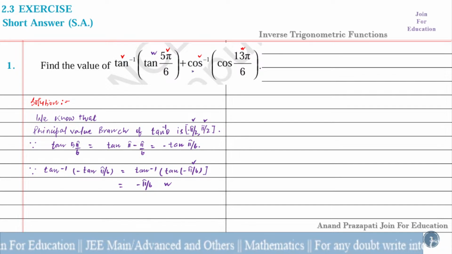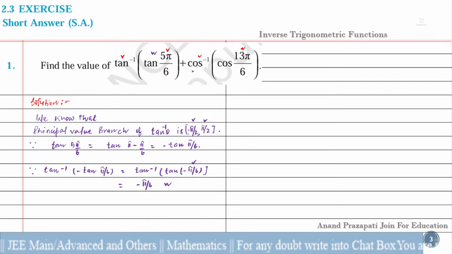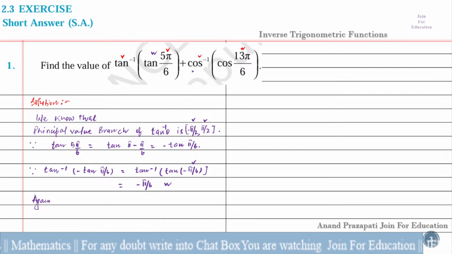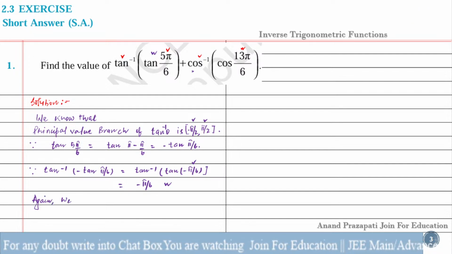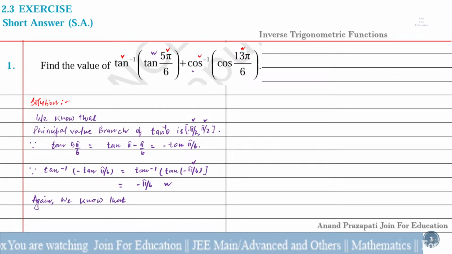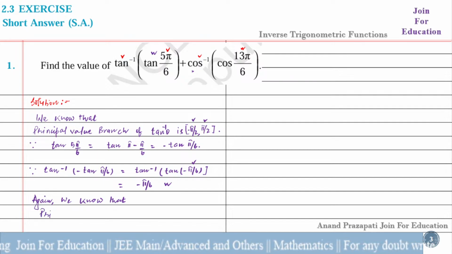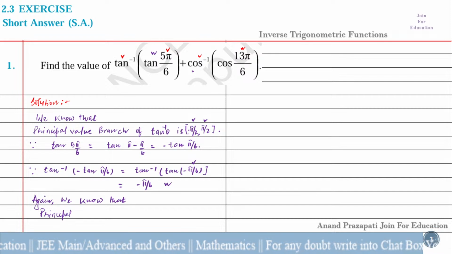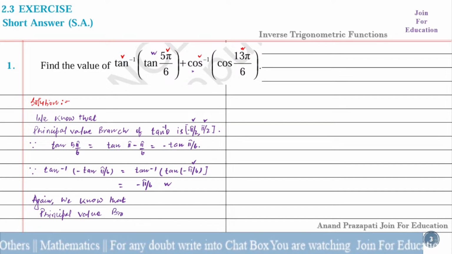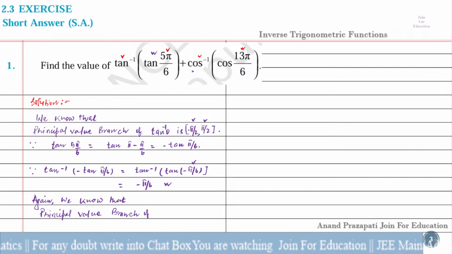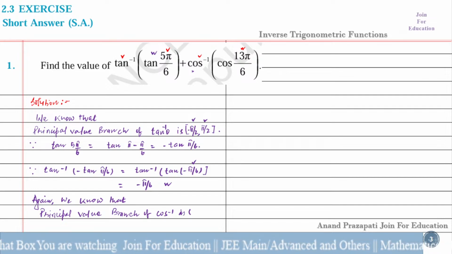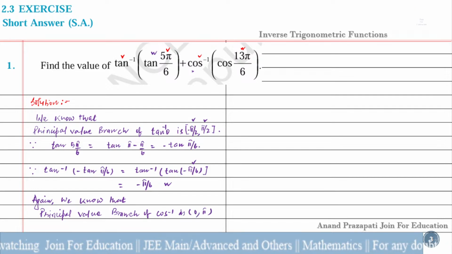Let's consider this part. Again we know that the principal value branch of cos inverse is 0 to pi.